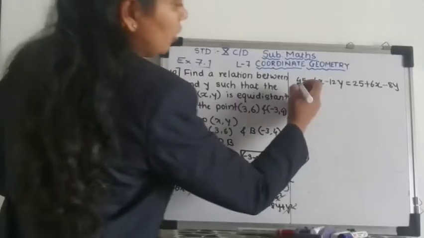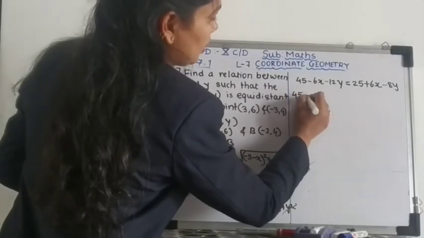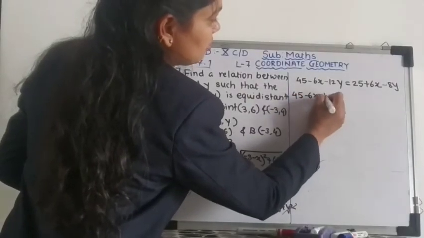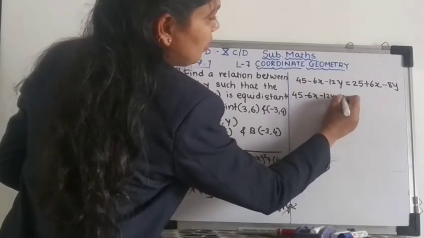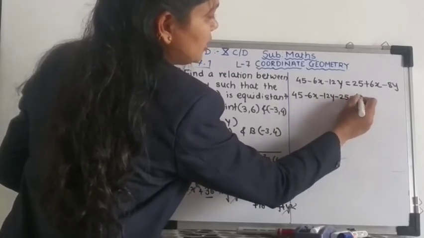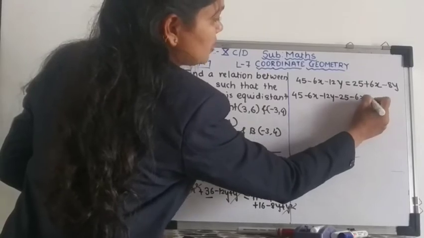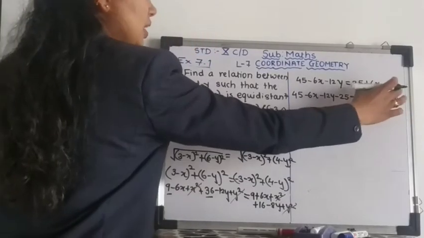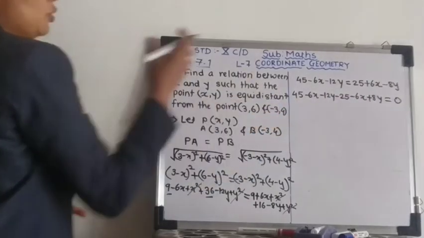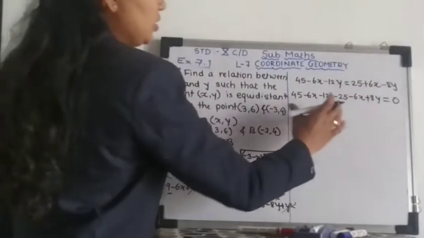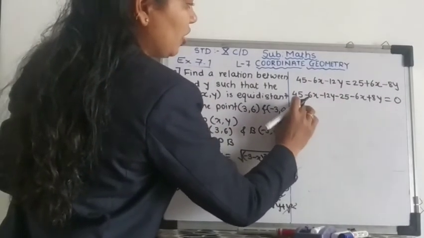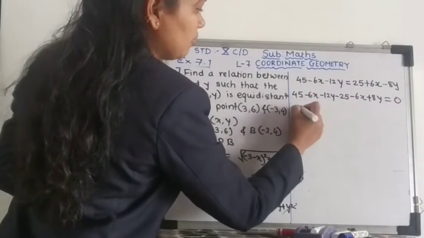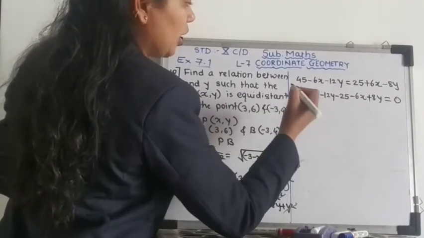So 45 minus 6x minus 12y minus 25 minus 6x plus 8y equals to 0. Means these right side terms we all shifted towards the left side. So after shifting we got 45 minus 25, which is 20.